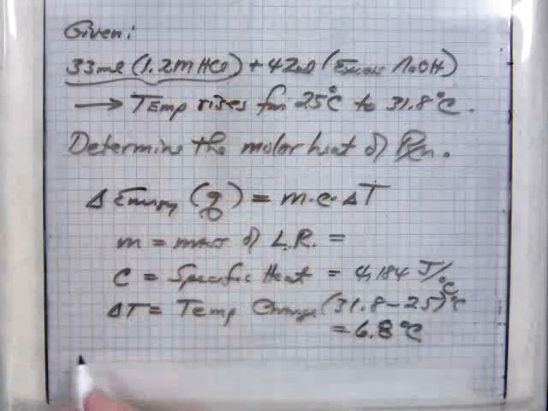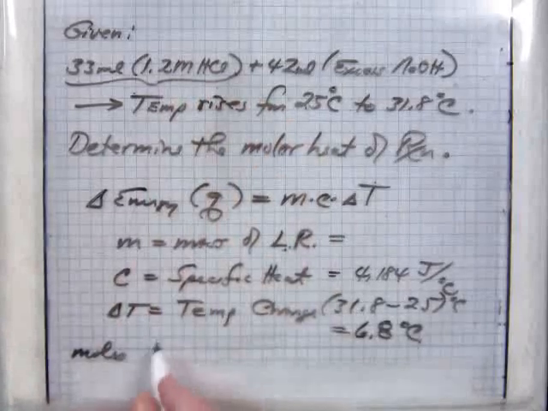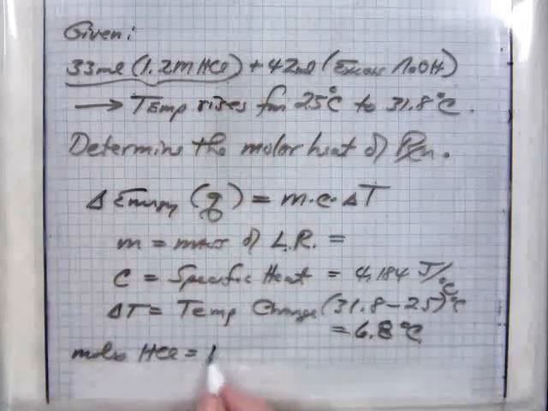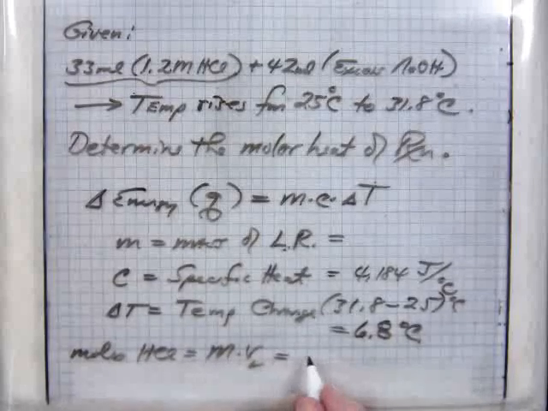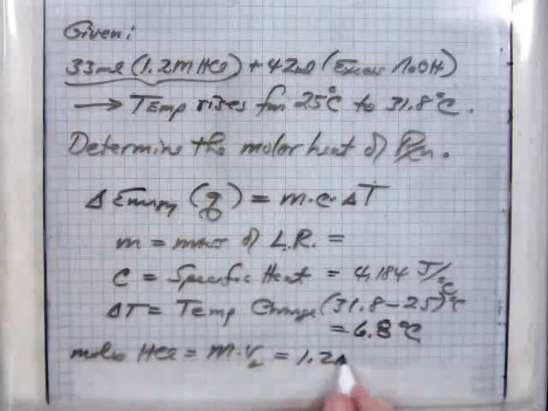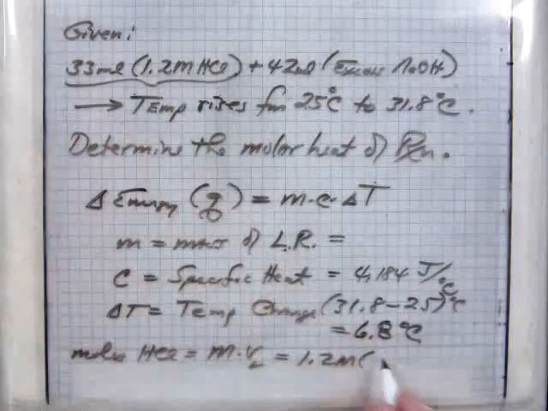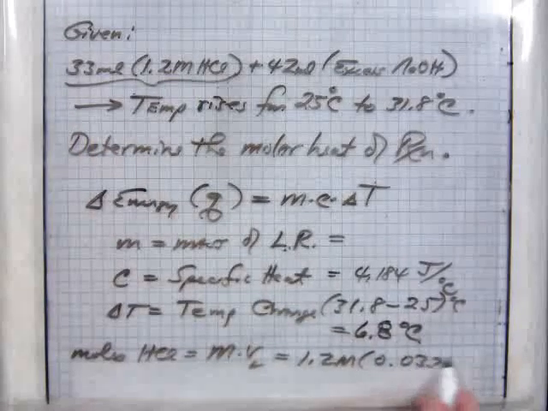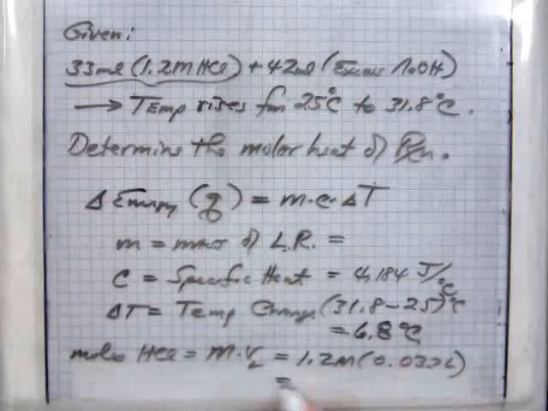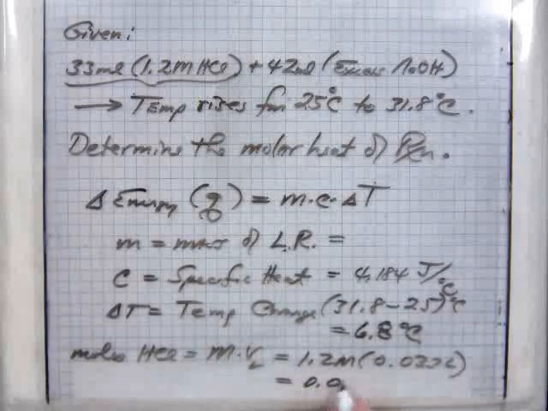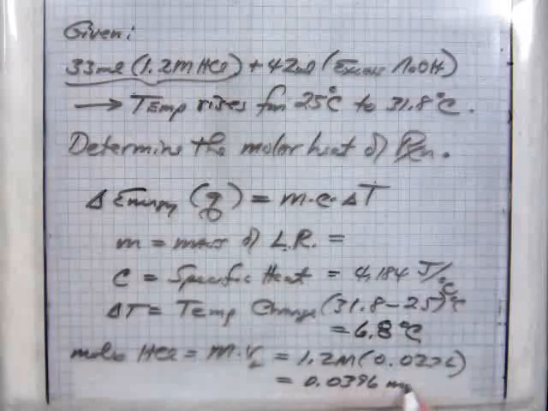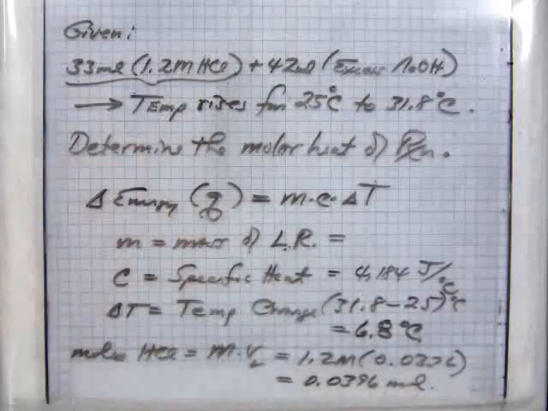So if I need moles of the HCl, that'd be molarity times volume in liters, which equals 1.2 molar times 0.033 liters. So we have 0.0396 mole of the HCl.